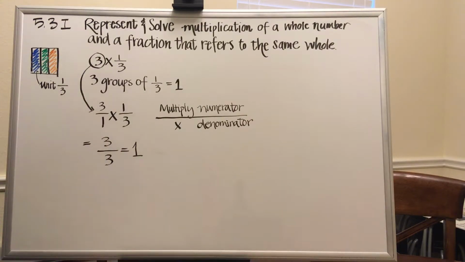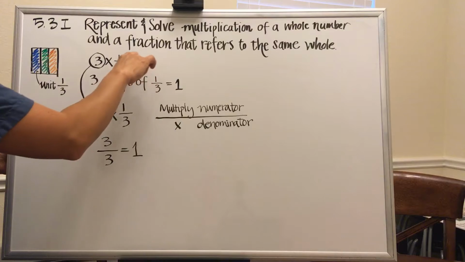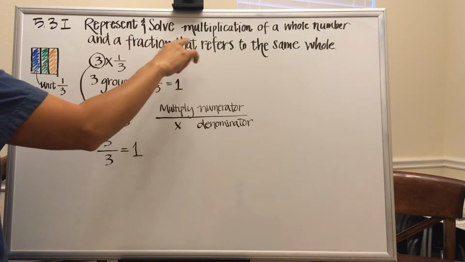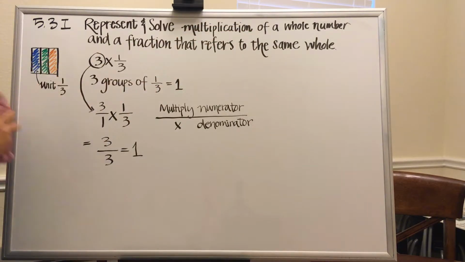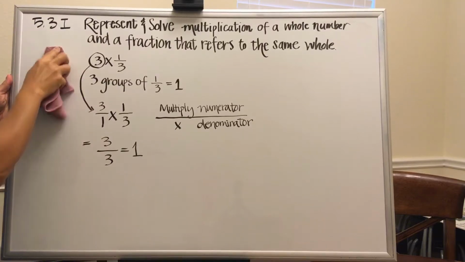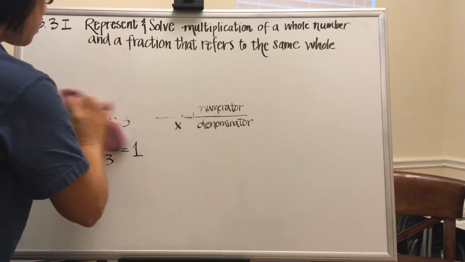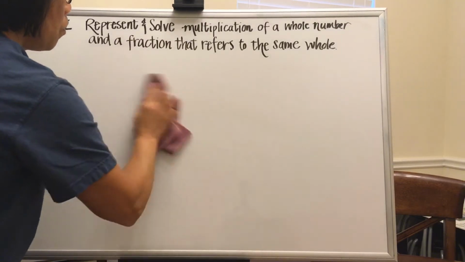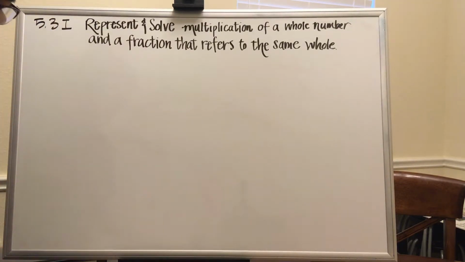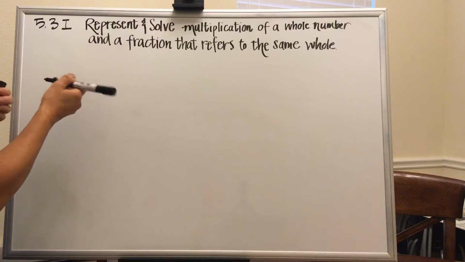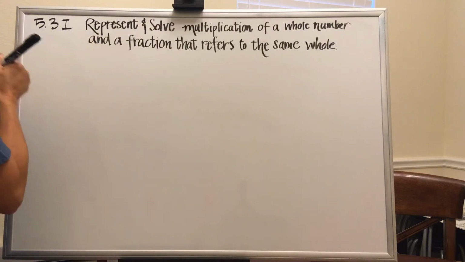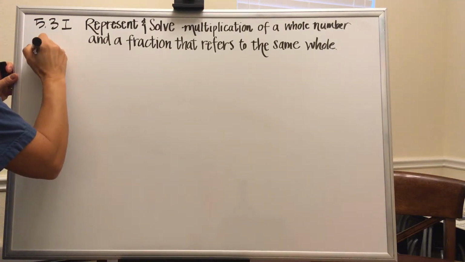Now, if we're going to get a little bit bigger, instead of looking at just the unit fraction, it says we have to multiply fractions that refers to the same whole. So with the same whole, we are going to go just a little bit bigger. I'm going to erase this. So I'm going to keep my whole as thirds. So I'm going to go back and draw my whole thing.